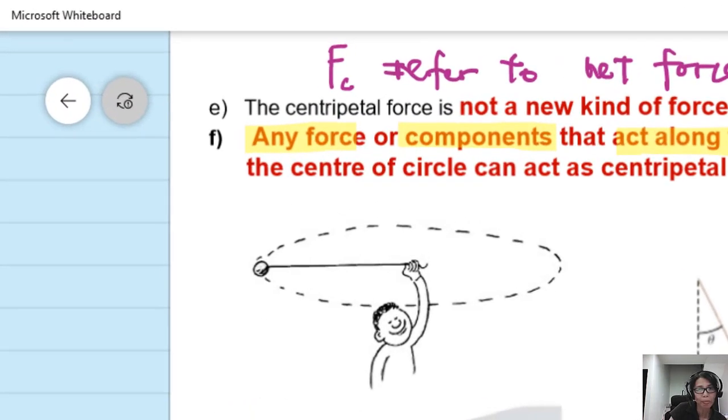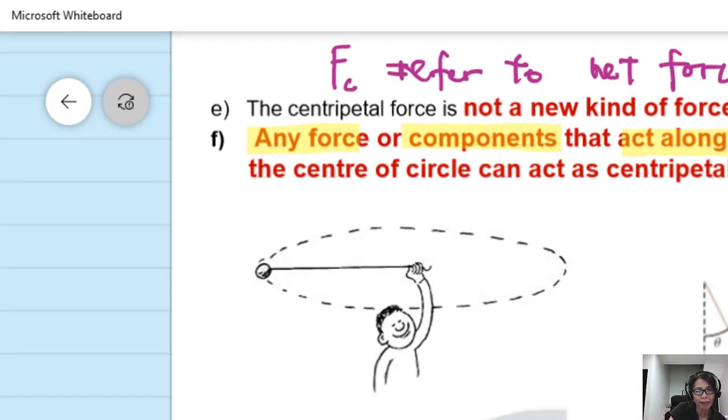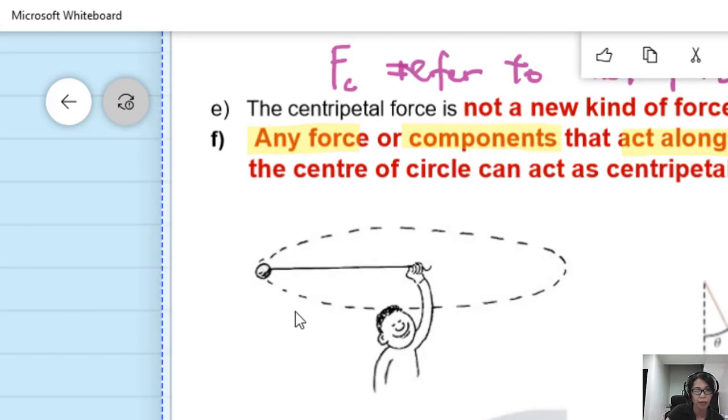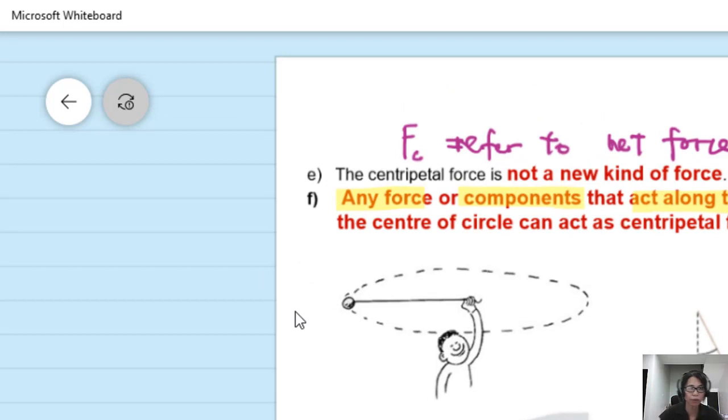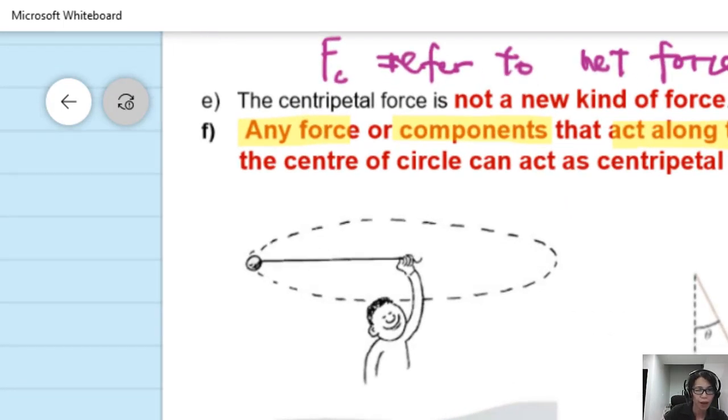For example, I attach a ball at the end of a string and then I swing it in a horizontal circle, so the ball is doing circular motion. What is the force that supplies the centripetal force in this case? If I identify the forces that act on this ball, it has weight downwards, and along the string it has tension.